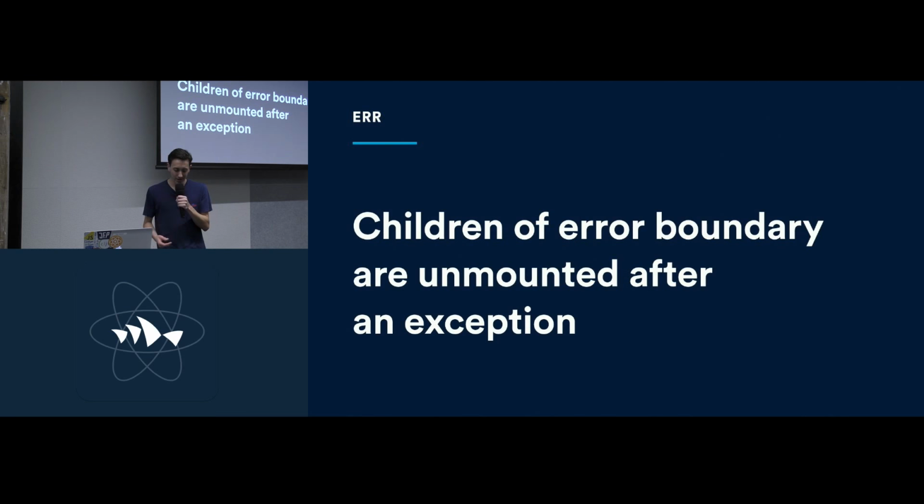The main one being the way that error boundaries work. So when an exception is thrown, or an exception happens, and React is kind of bubbling up this error, looking for an error boundary, the component tree underneath the error boundary is getting unmounted. And because it's getting unmounted, this means it's completely blown away. Its state is destroyed.